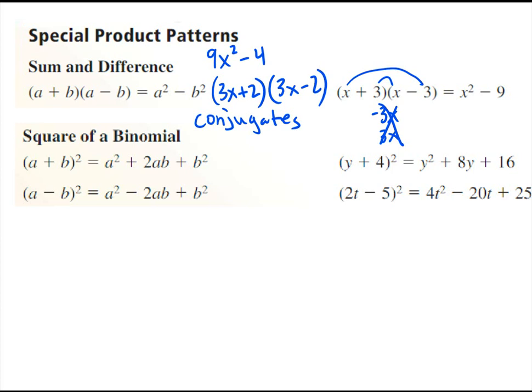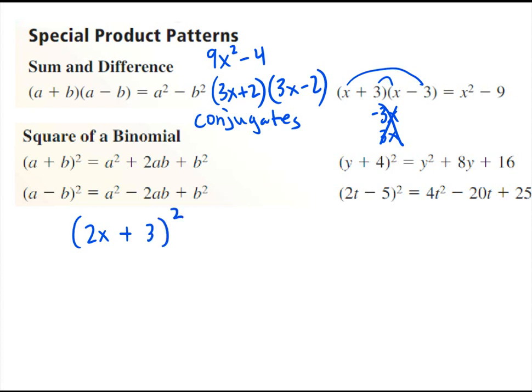Okay, and then down here, remember when I taught you guys how to square binomials, the two patterns? That's basically what we have here. So this is just a quick review of squaring binomials. So we have these two patterns here. So remember the pattern was this. Let's say we have 2x plus 3 squared.